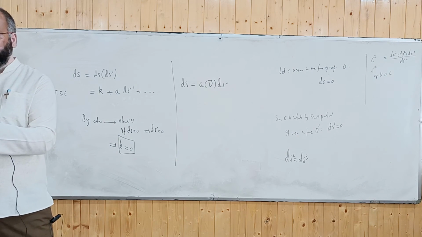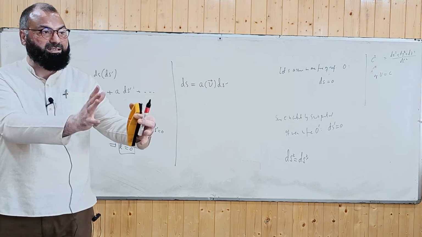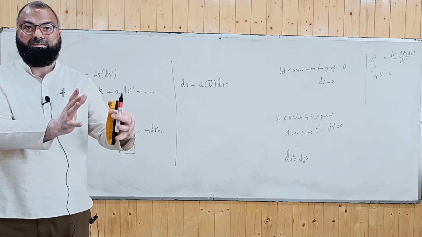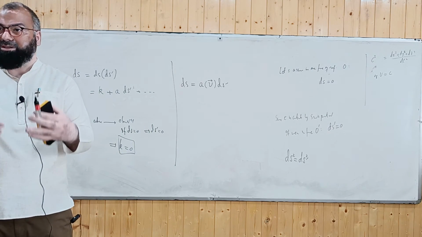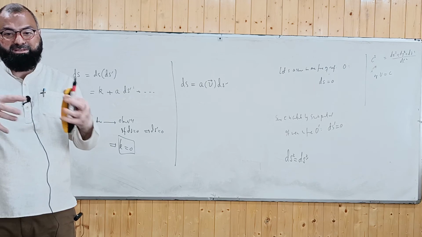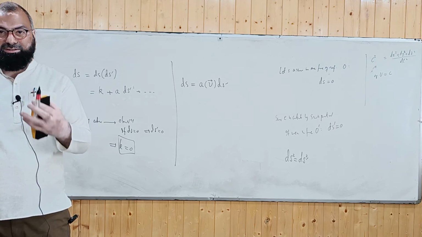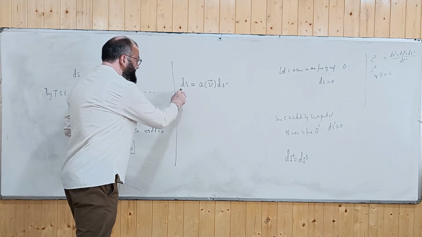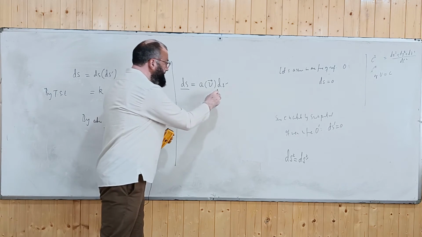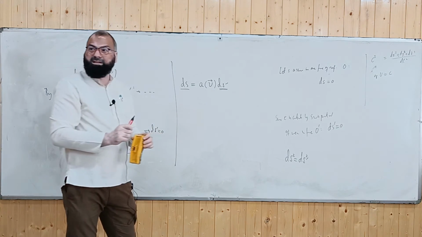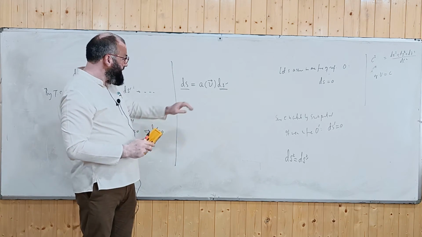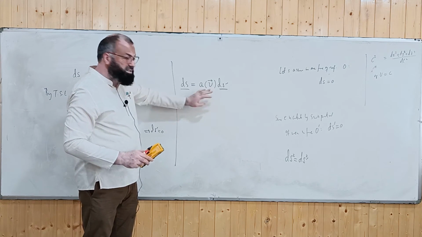So when I think of one frame of reference moving with respect to another frame, if I am considering inertial frames of reference, then both the frames are equivalent. Clear? So this object is defined for an inertial frame of reference, and this is also defined for an inertial frame of reference here. Now this a depends on the velocity vector.